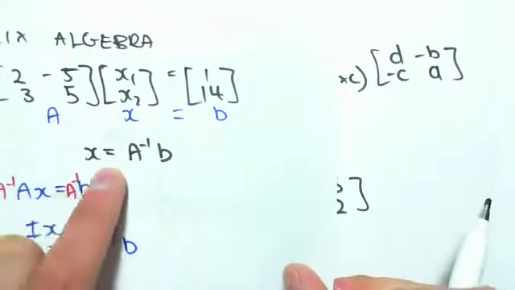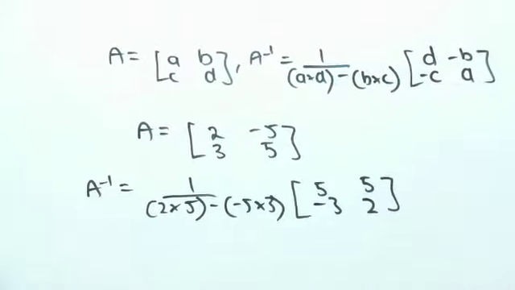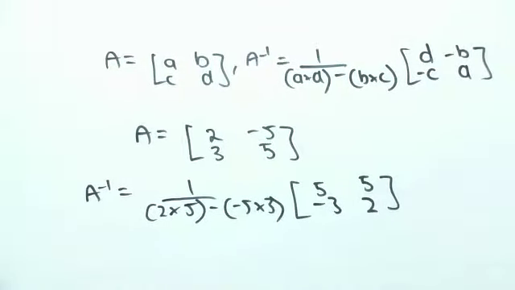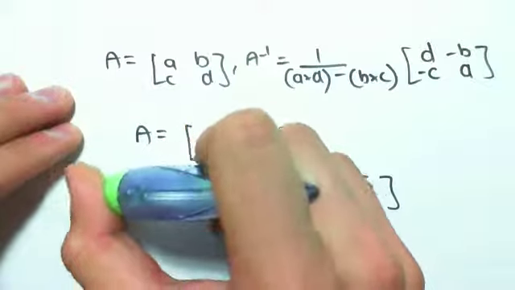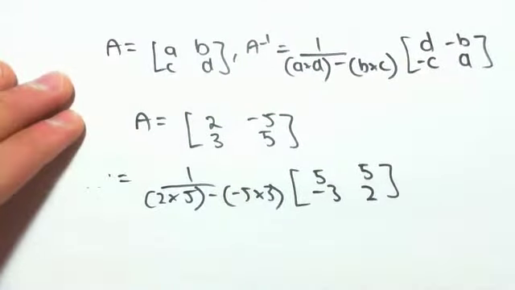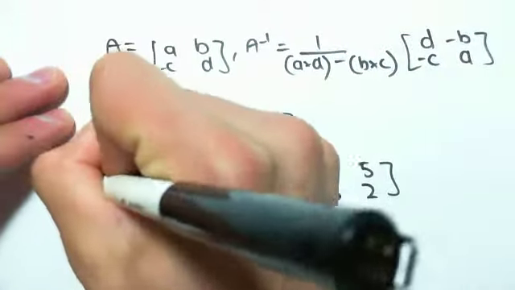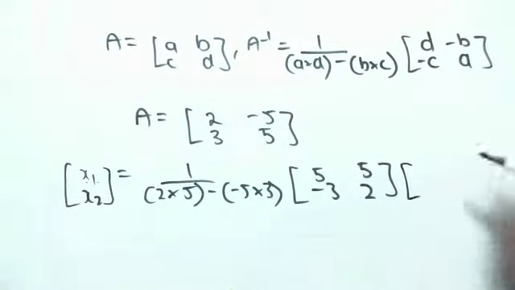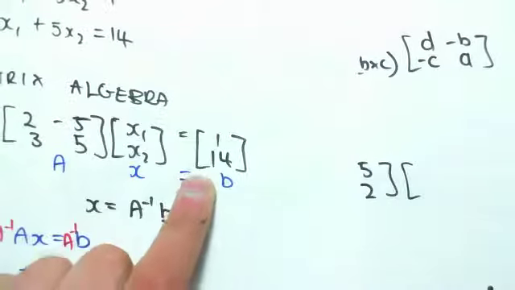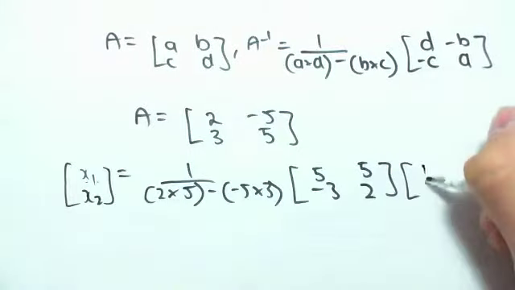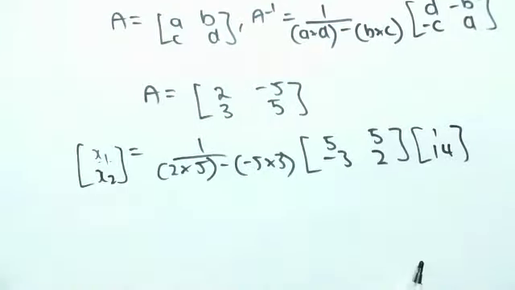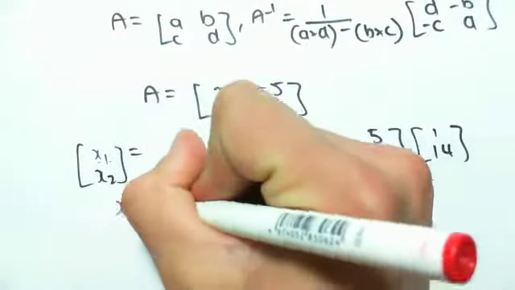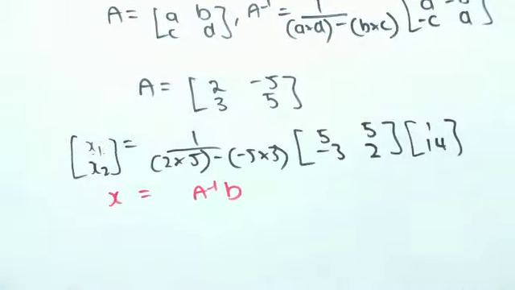We know that x equals A inverse b. So I'm just going to write x, which is x1, x2, equals A inverse, and b is 1, 14. So there I have x equaling A inverse b.